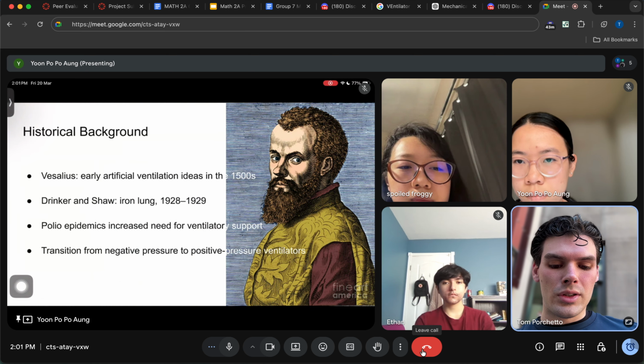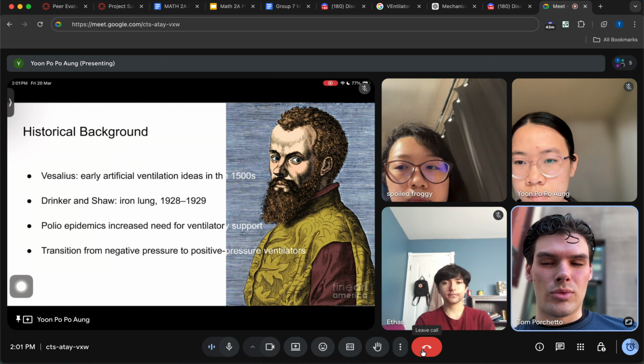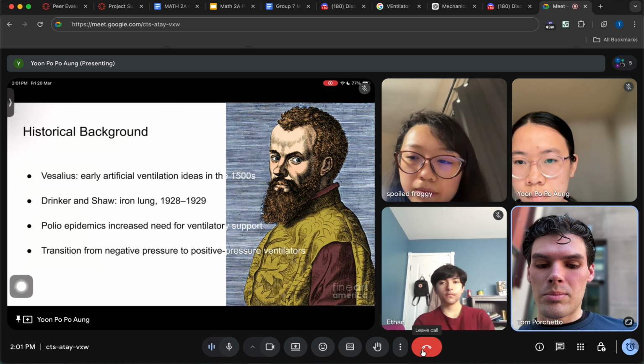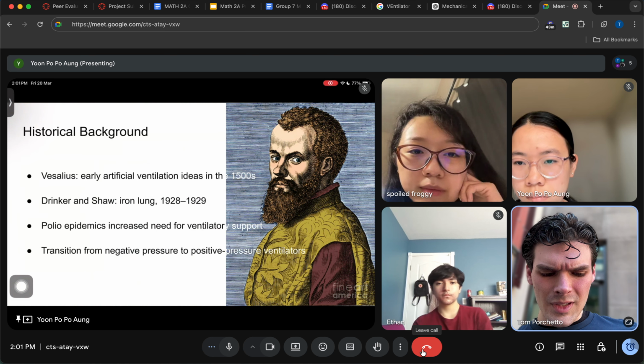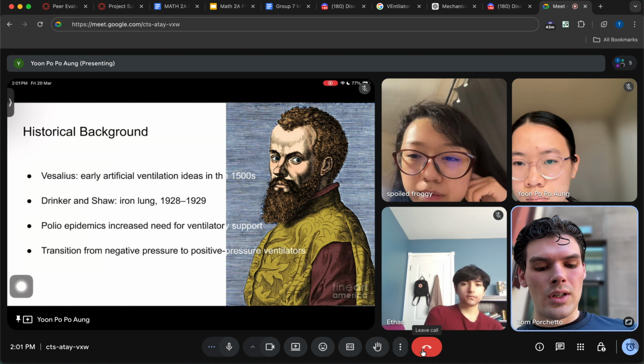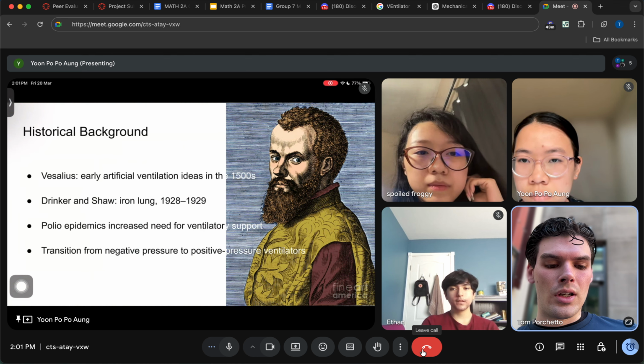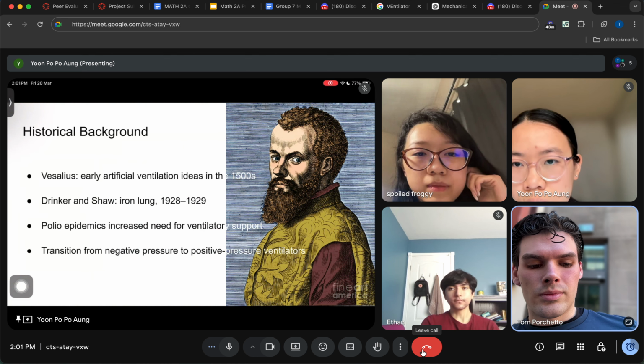A major turning point came in the 20th century with the development of negative pressure ventilators, especially the iron lung, which was created by Philip Drinker and Louis Shaw.